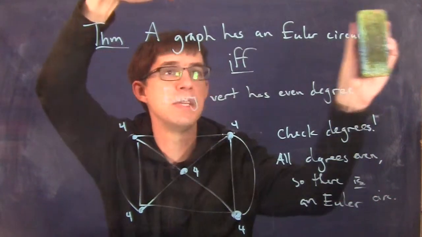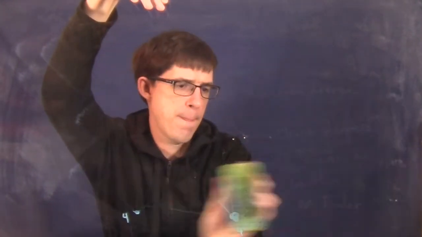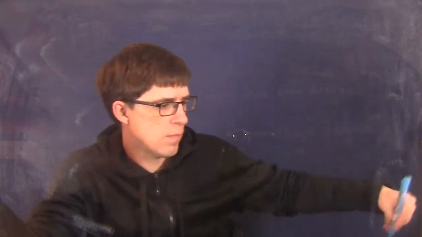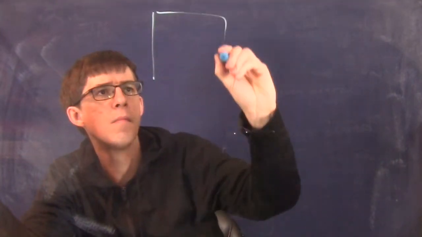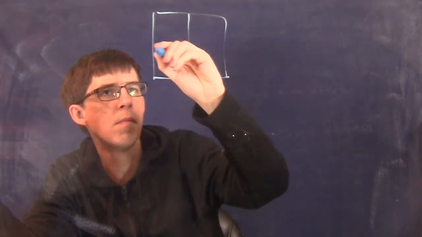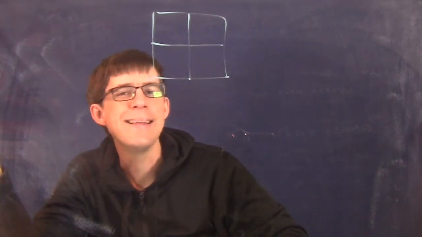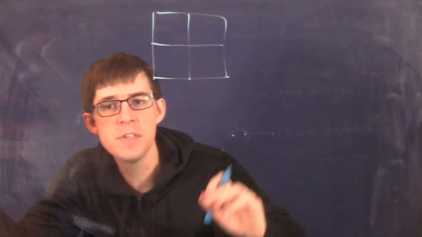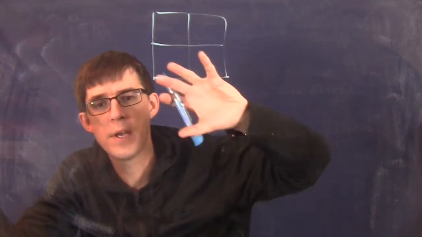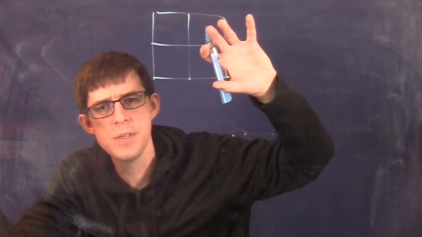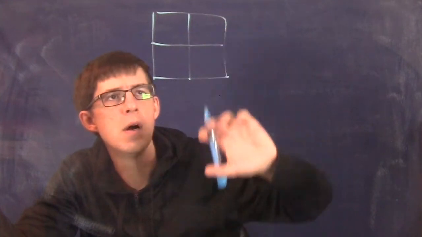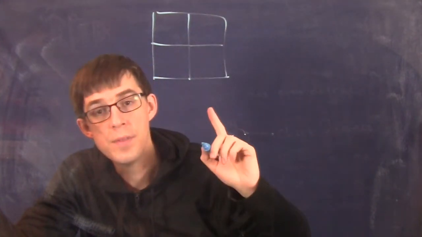How about one where there's not? How about this Mr. Plow example? Is there an Euler circuit or not? This one is not as clear when you're looking at it to tell. Can I actually hit every edge once without repeating edges?